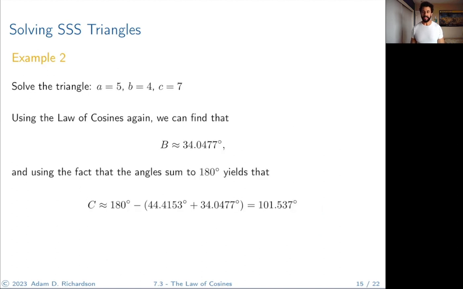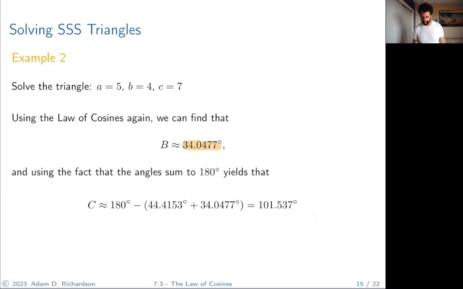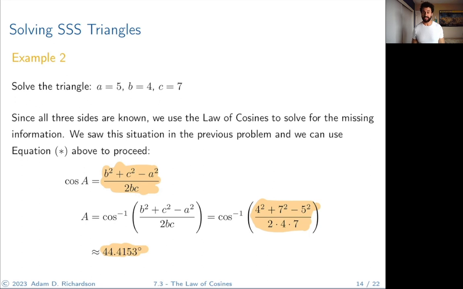Next, we can use the same formula again, but switch the angle and switch the sides around, and it'll give us that B is approximately this value, 34.0477 degrees.